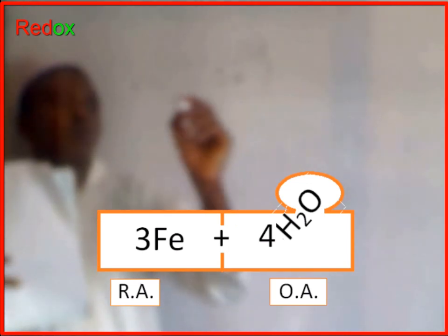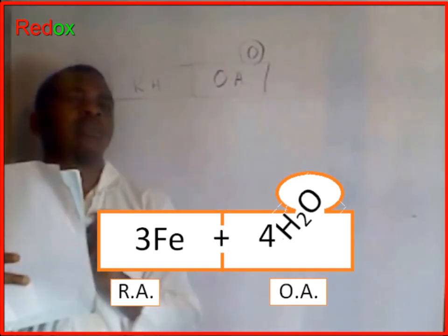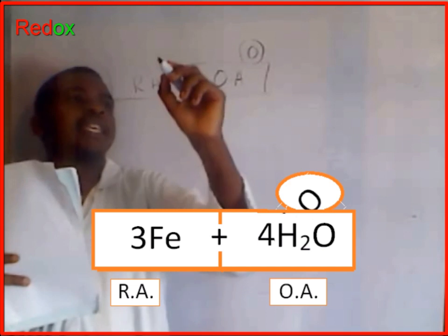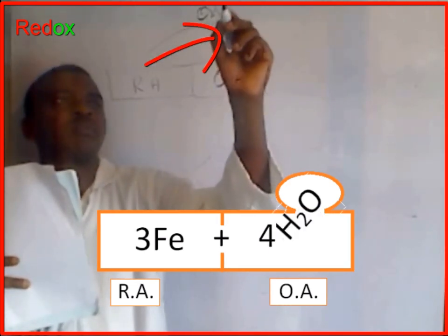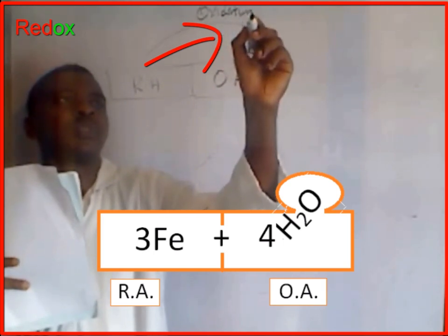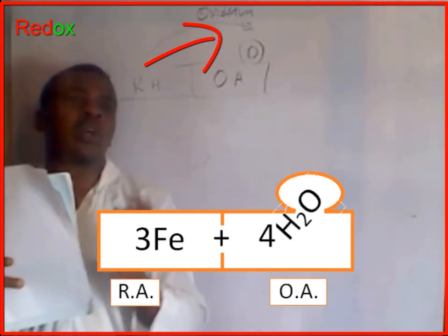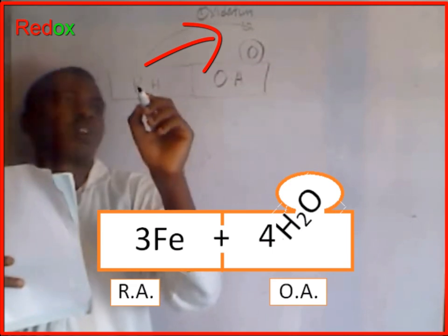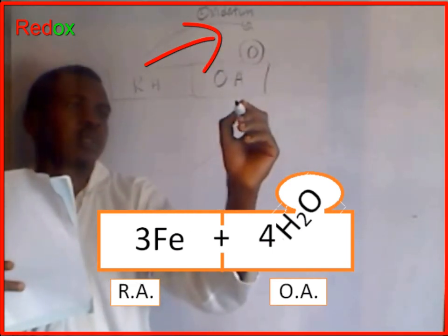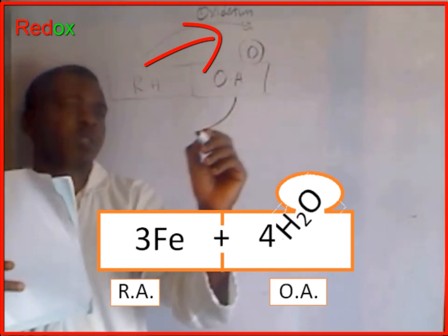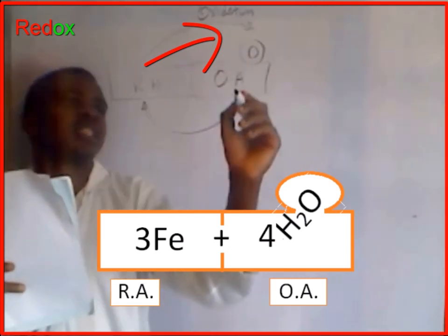So what is oxidation? Oxidation is the gain of oxygen. During oxidation, the reducing agent is oxidized, and during reduction, the oxidizing agent is reduced.